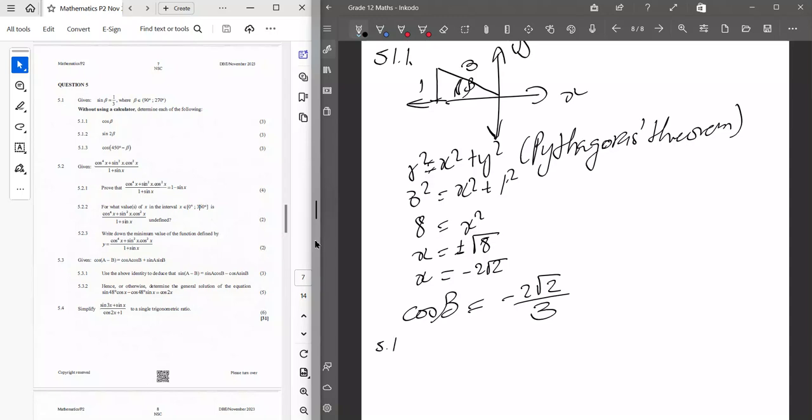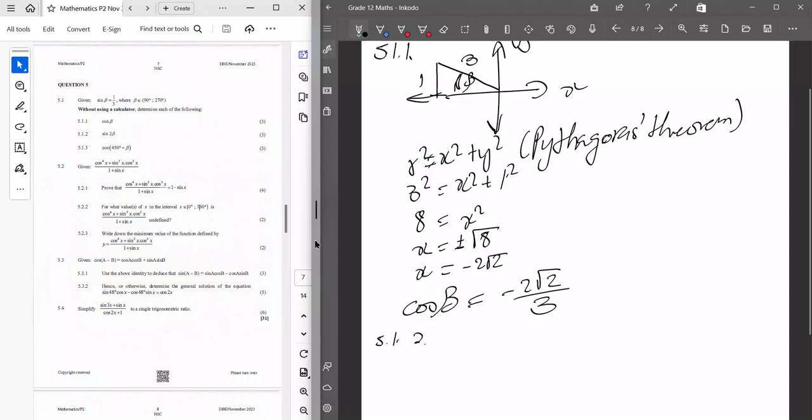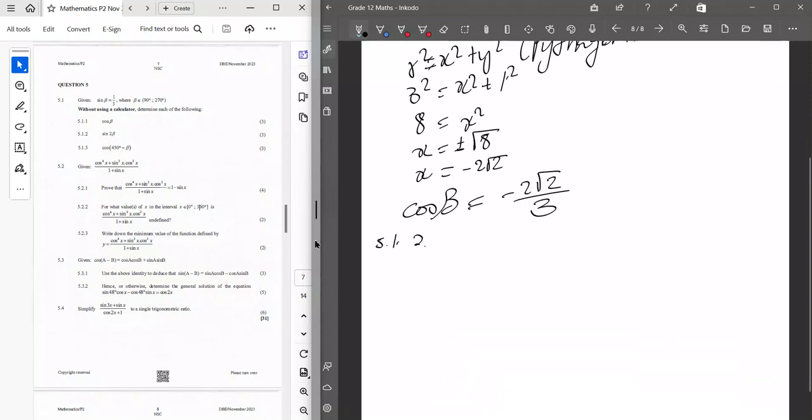Now 5.1.2, we are looking for sine 2 beta. This is the double angle of sine. It is 2 sine beta cos beta. We do know what is the value of sine beta. We said it was 1/3.